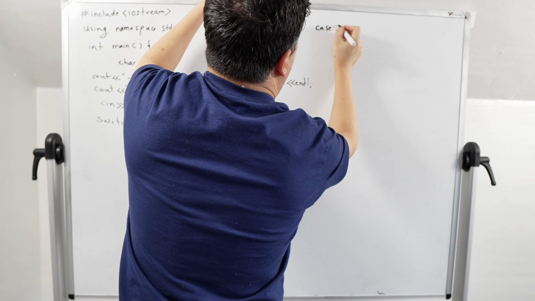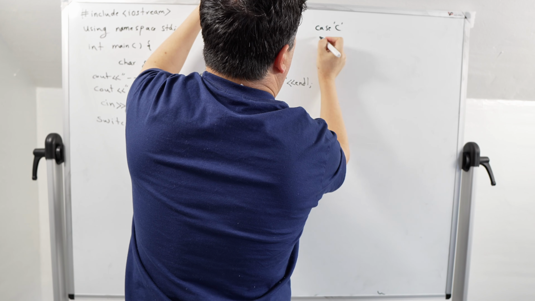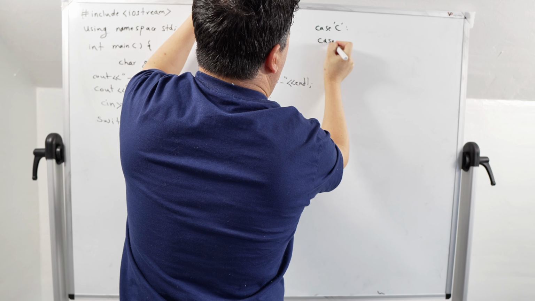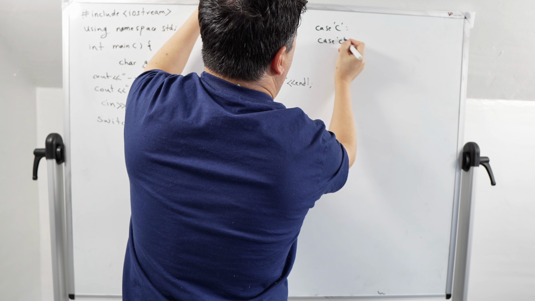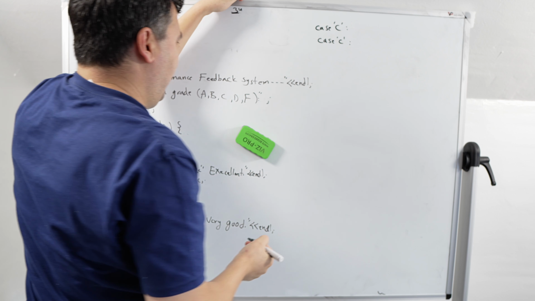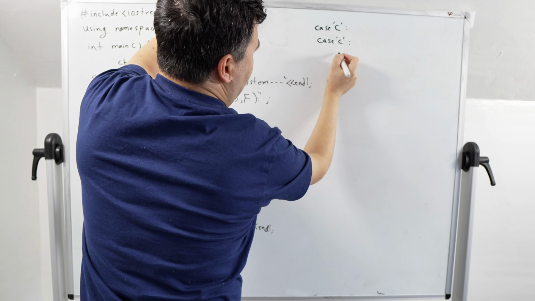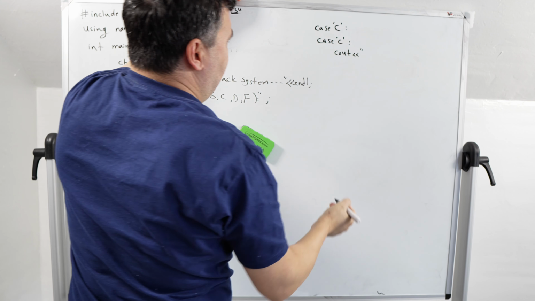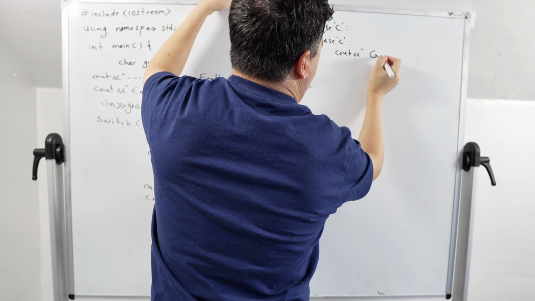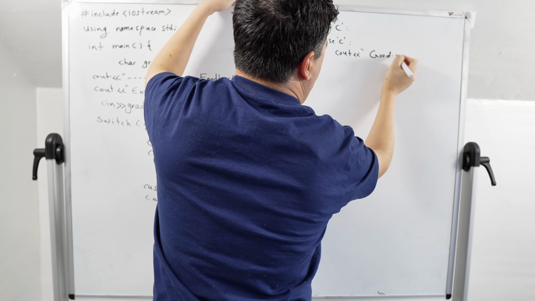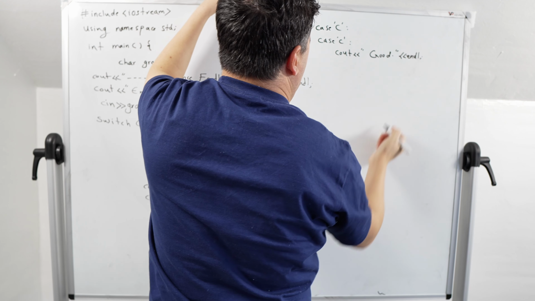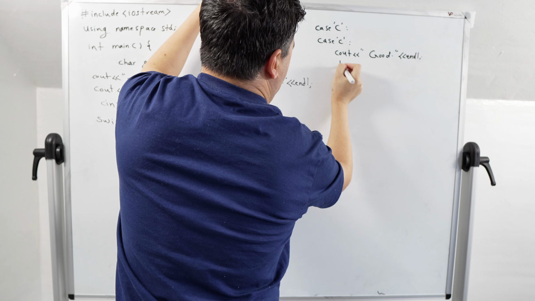Case C, capital C and small c, if the user enters a small c. And now we cout and print out to the user good. Then we use endl, or you can use \n, and then break.